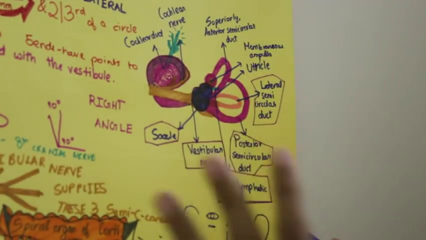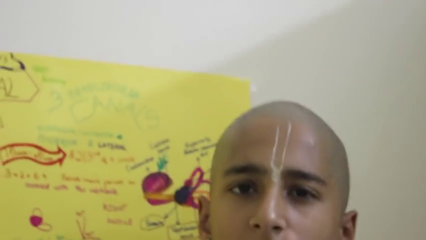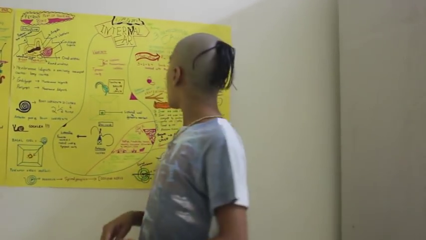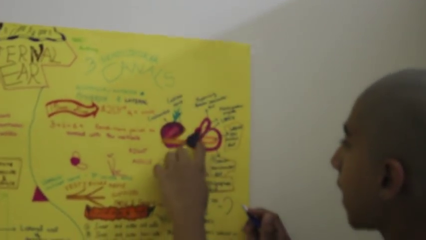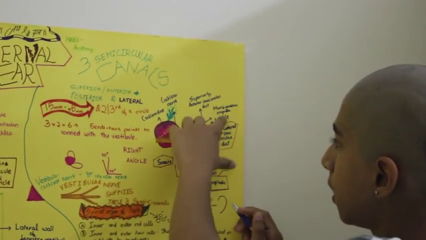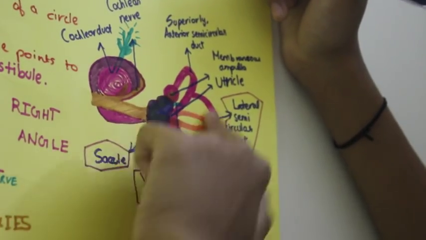The three semicircular canals have 6 openings, and 5 of these openings are connected into 2 special organs, the saccule and the utricle, which are lodged within the vestibule. And here we have the lateral semicircular duct, the superiorly anterior semicircular duct, and the posterior semicircular duct. All of these are connected to each other at this point called the vestibule.